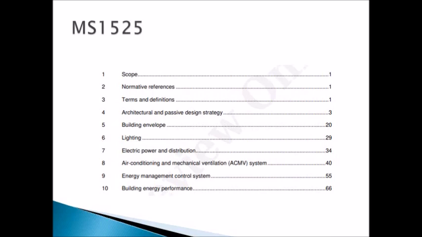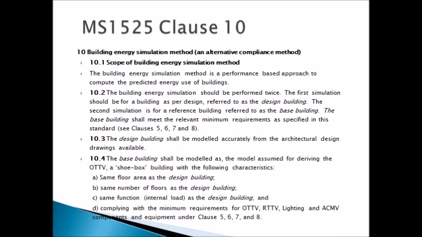Okay, so there is another way of meeting or achieving the compliance instead of sticking to the prescriptive specification stated earlier. That is stated in clause 10. You can do this by building energy simulation. That's why it is called an alternative compliance method. So the scope of the building energy simulation method is not prescriptive.